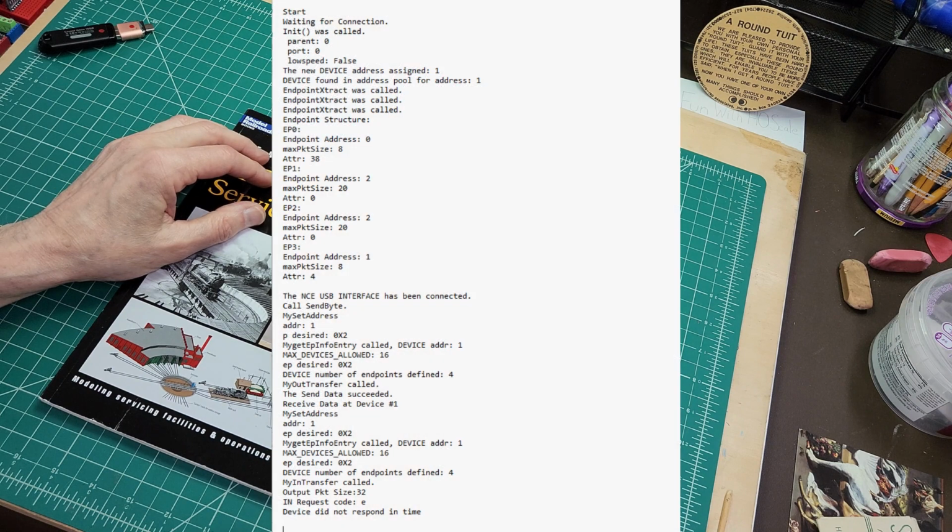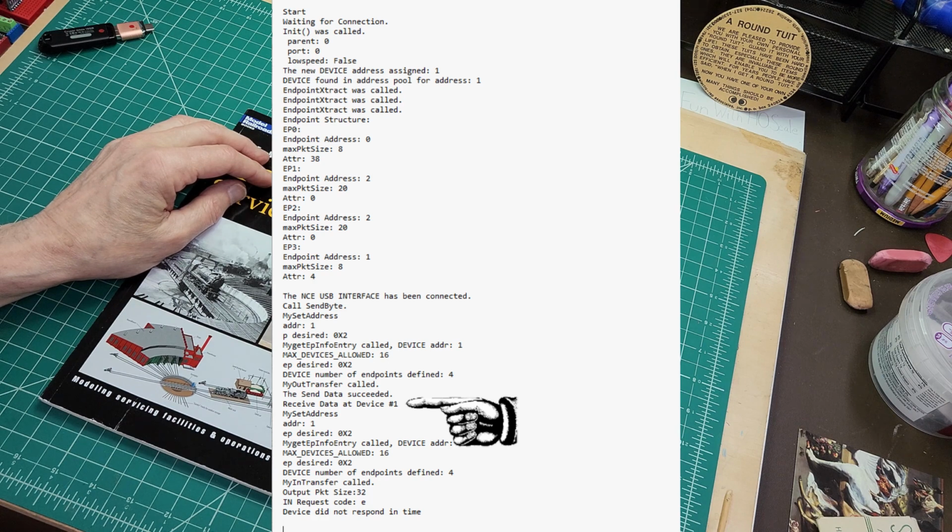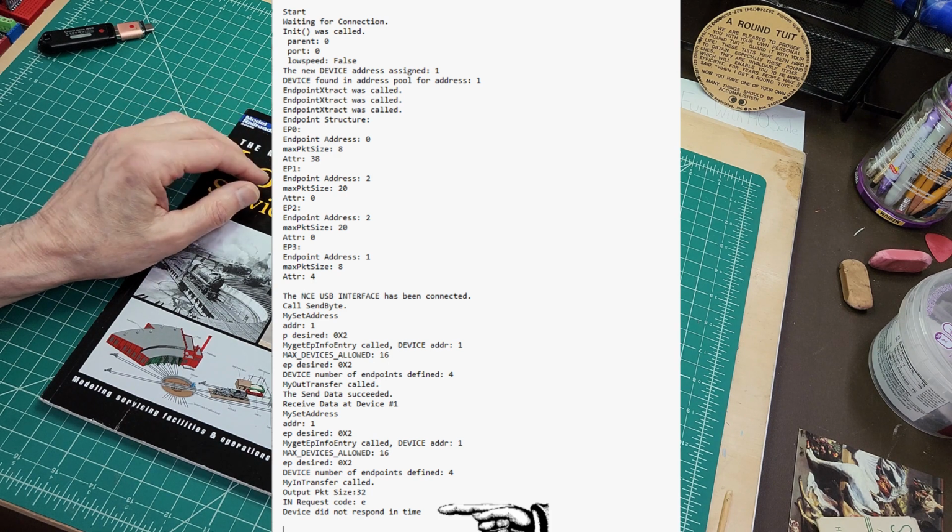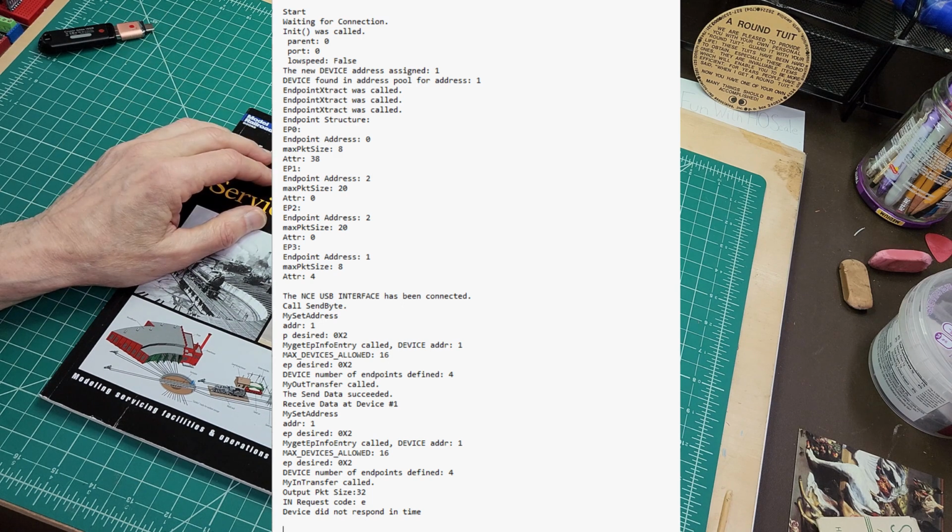You can see that no error was detected in this USB out request, as indicated by this statement that send byte succeeded. Here is where my driver calls its receive byte method in an attempt to perform the USB in request for the 3-byte response from the NCE PowerCab. The final result is shown here: the attached device did not respond.